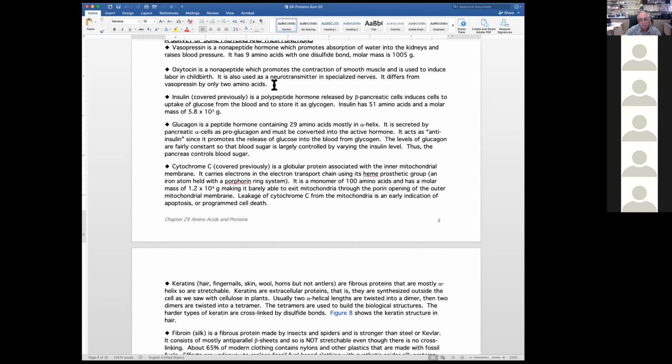So insulin is a polypeptide hormone released by the beta pancreatic cells and tells cells to uptake glucose from the blood and basically to store it as glycogen. It's got 51 amino acids in a molar mass of about 5.8 thousand.